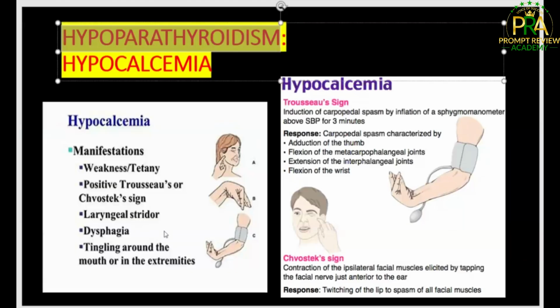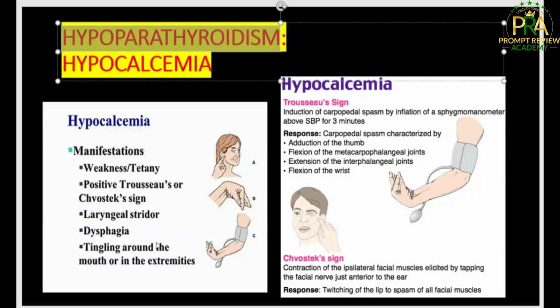So because this calcium is low, what is going to happen? The patient will have a lot of neuromuscular irritability. So the patient is going to have a lot of tingling of their hands, feet, muscle cramps, tetany.